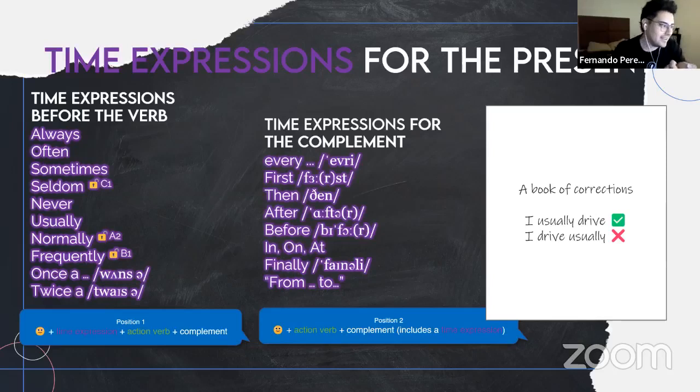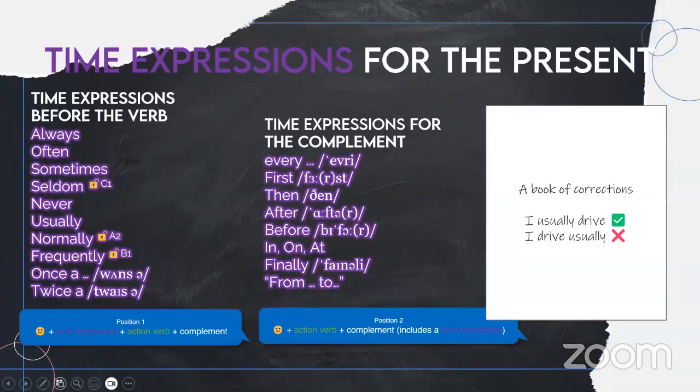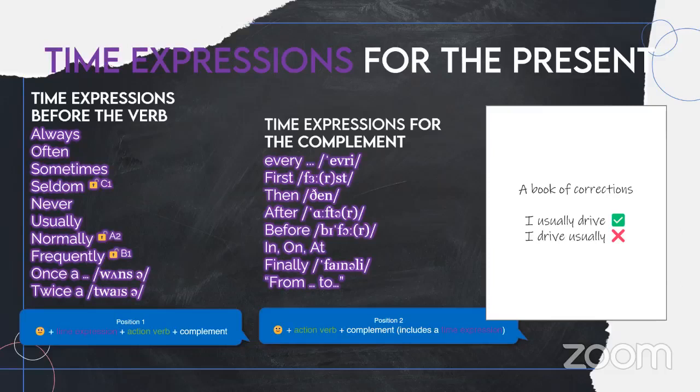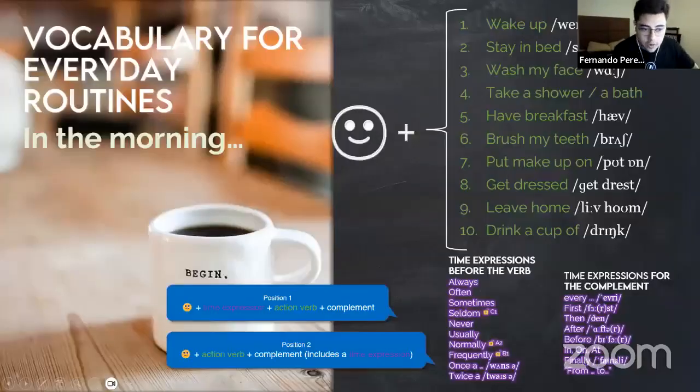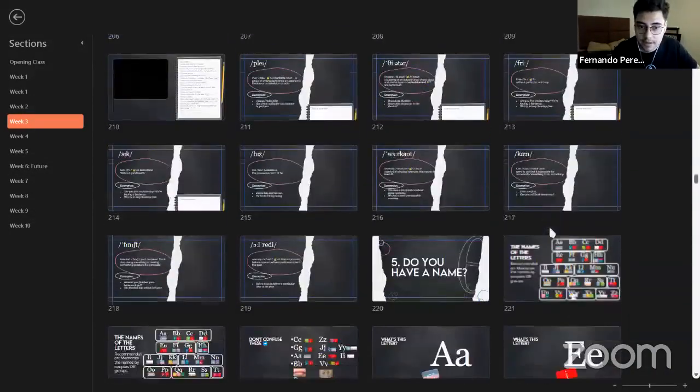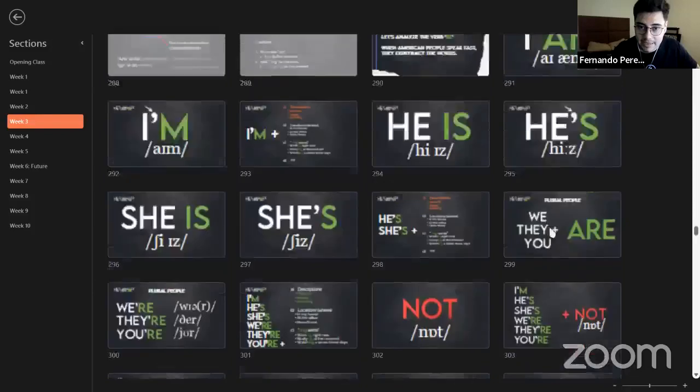This is not a routine. Do you see the difference? Yes, teacher. What is the correct one? You tell me. It depends on your intention. I cannot take a decision. You need to take the decision. What do you want to ask? Do you want to ask about routines? Or do you want to ask about things happening in this moment?